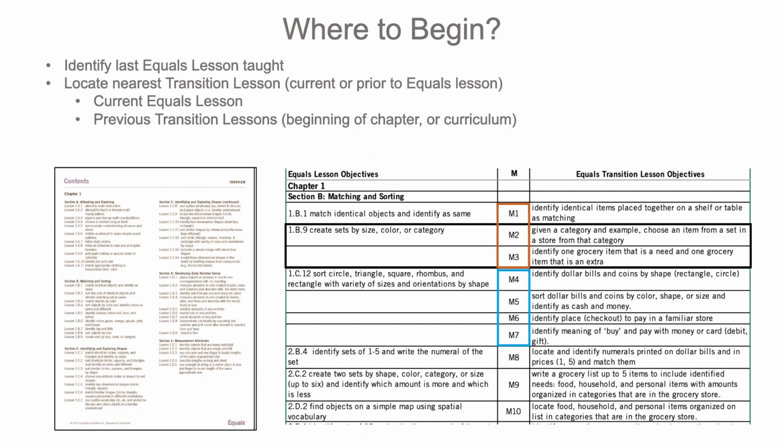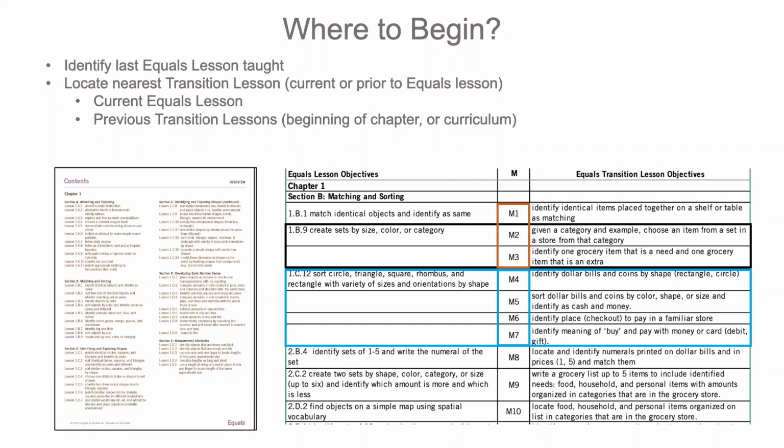The next time we see a transition lesson in chapter 1 is 1C12. All equals lessons leading up to 1C12 must be taught before M4, M5, M6, and M7 to ensure that the appropriate equals lesson order and, most importantly, those prerequisites are included in the student's background knowledge.